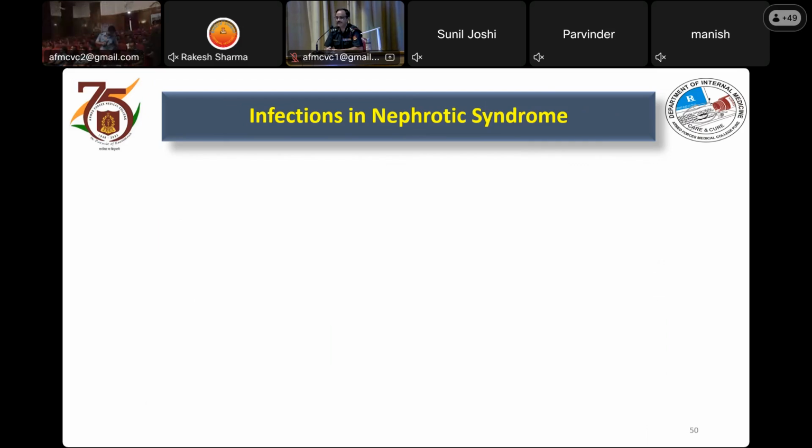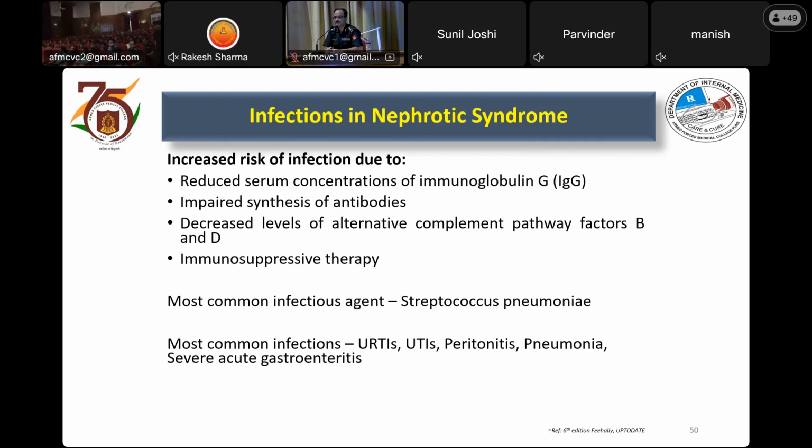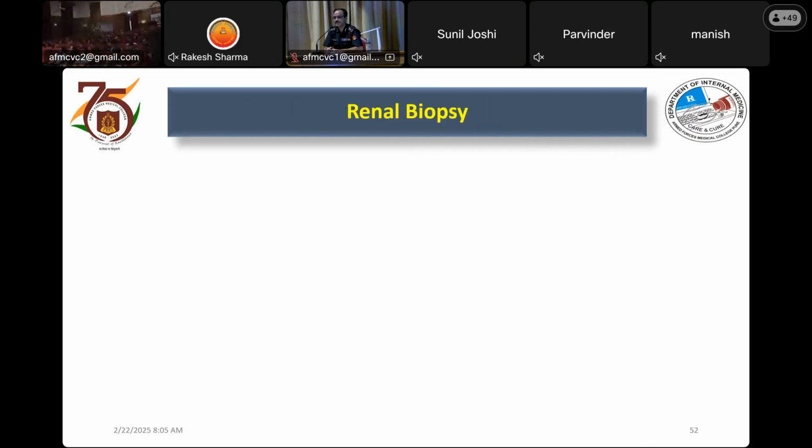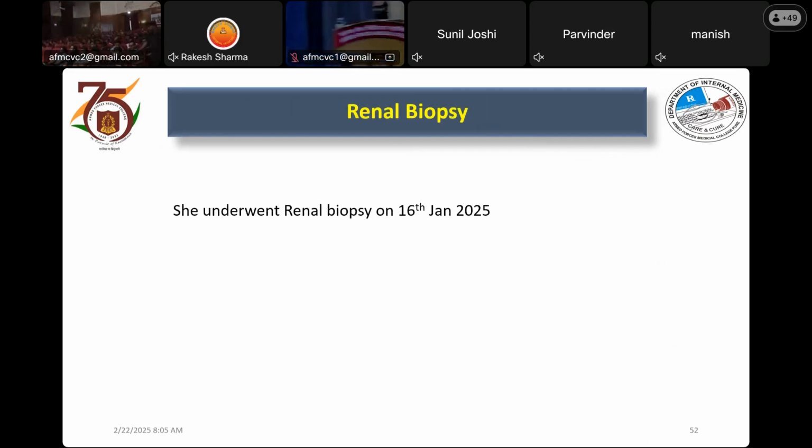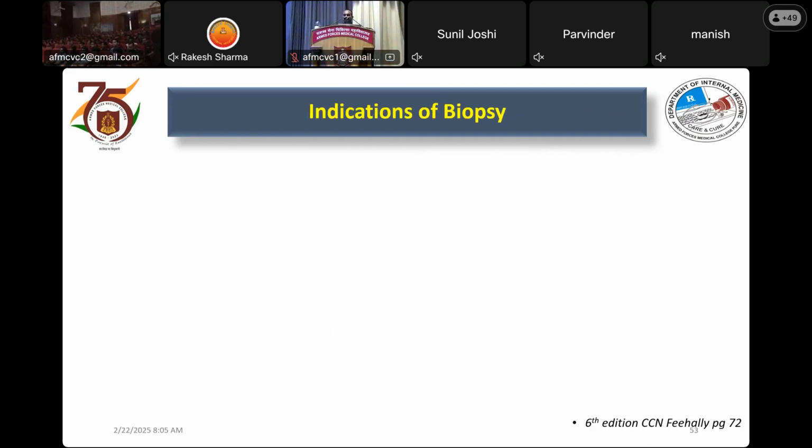She underwent renal biopsy on 16th Jan 2025. What are the indications of biopsy? Was it justified? She had some previous report mentioned in the documents, MCD.